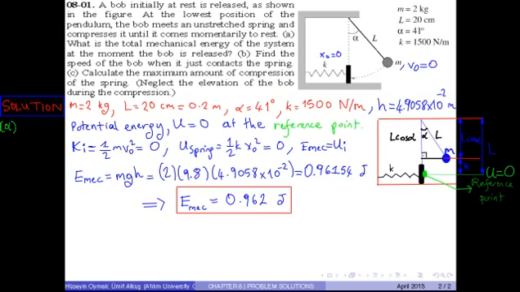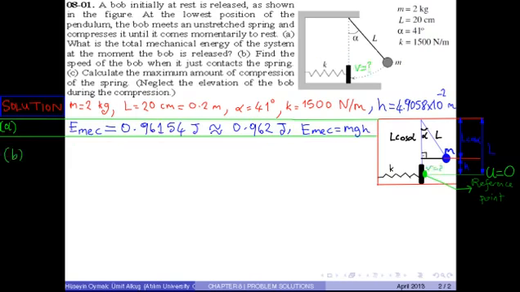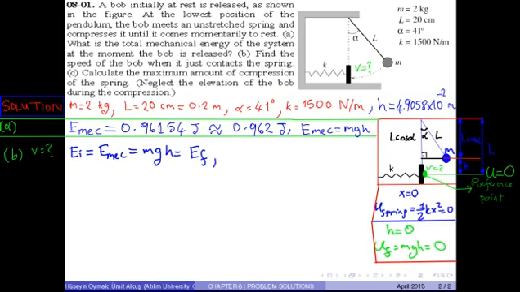Okay, let's solve part B. When the bob just contacts the spring, that is, at the reference point, potential energy of the system is 0. The spring energy again is 0.